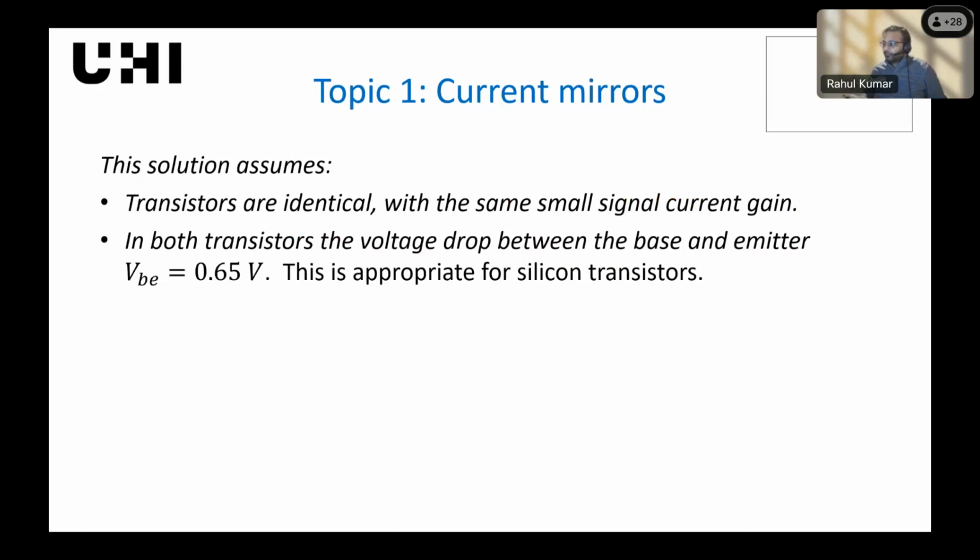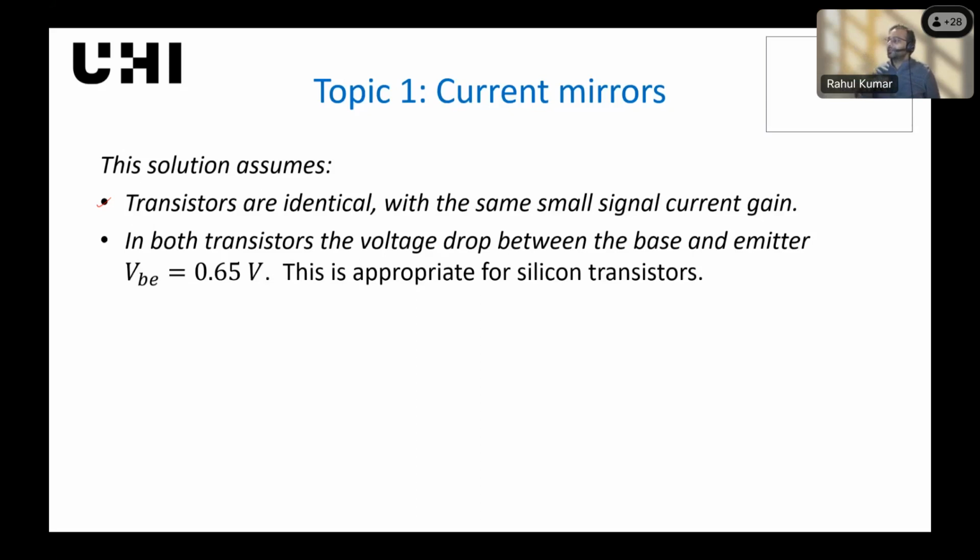Right, so for the transistors, there are some assumptions which we make. The transistors are identical, although we know that in real scenarios or in practical circuits, you can't have two transistors exactly the same. Even if they come out from the same factory, same batch, the two transistors will be slightly different.